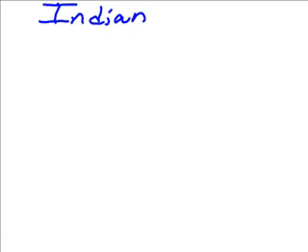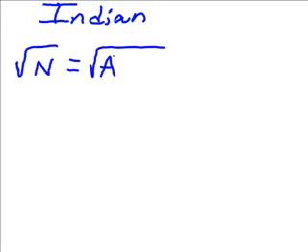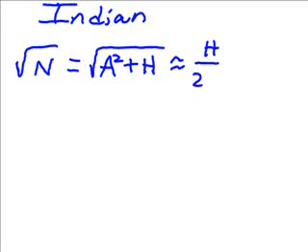You're using a formula: the square root of n, which can be written as the square root of some number squared plus another number, so a squared plus h, is going to approximately equal a plus h over 2a. I forgot the a. Well, you see the formula.